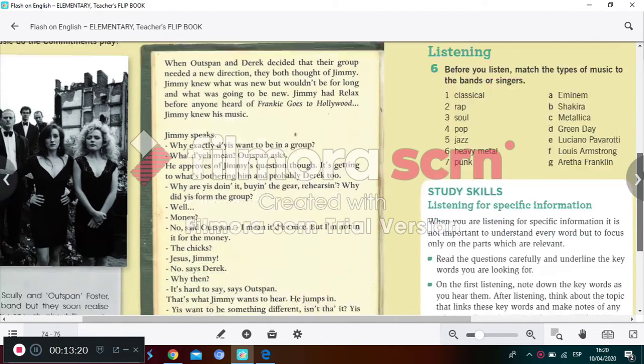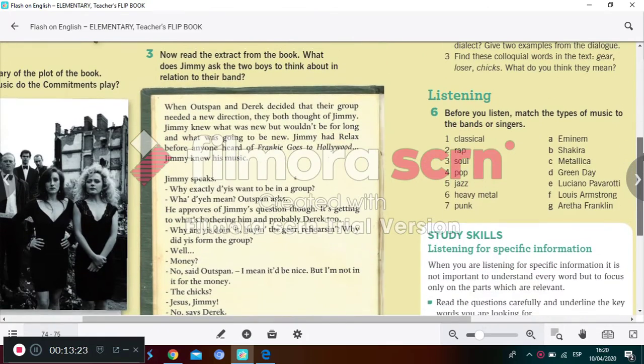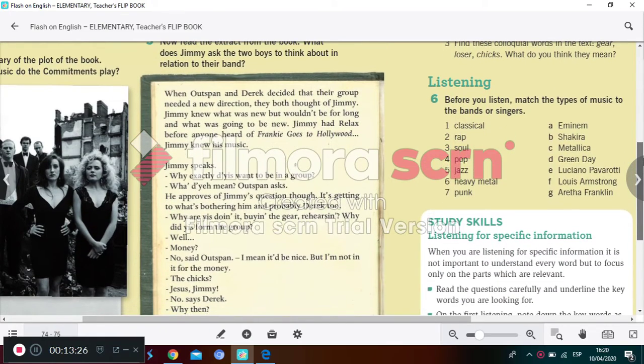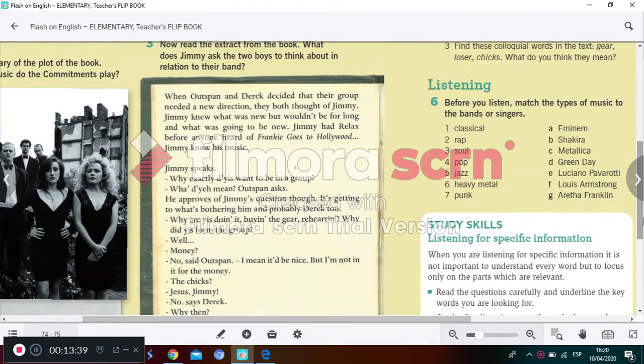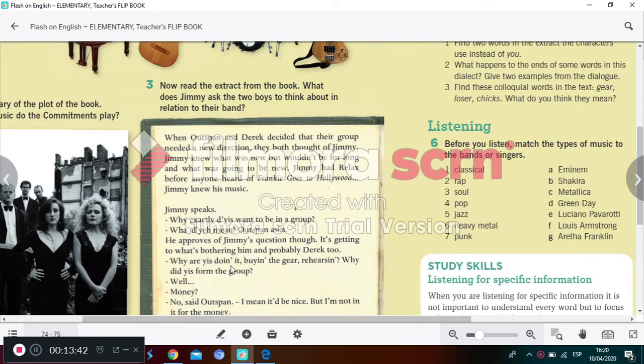Here we have a short paragraph. Listen, you need to pause the video and read this text very carefully. This text is different. Teacher, and why is it different? ¿Por qué es diferente? Because this text uses musical language.